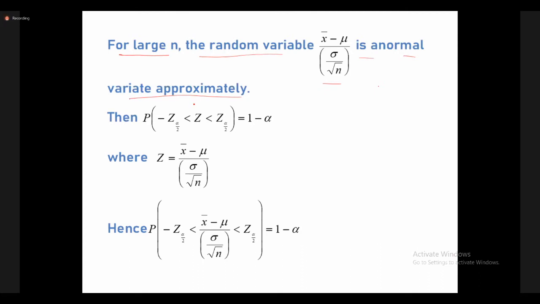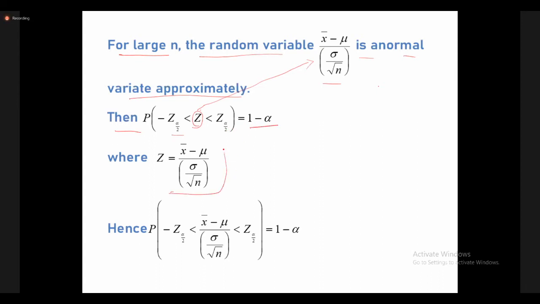Then the probability P of minus Z alpha by 2 less than Z, which is a normal variate, that is x bar minus mu by sigma by root n, is less than Z alpha by 2, is equal to 1 minus alpha.